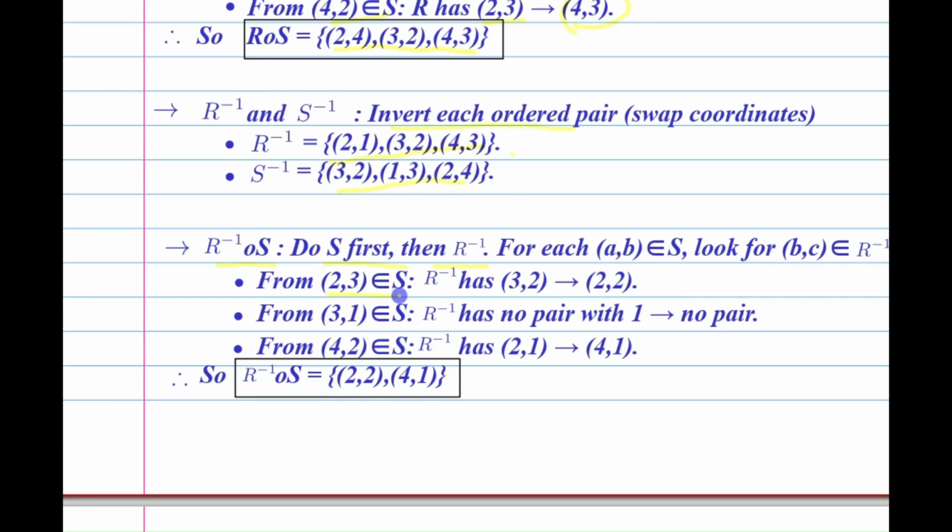For (2,3) in S, R inverse has (3,2), which gives us (2,2). For (3,1) in S, R inverse has no pair starting with 1. So for (4,2) in S, R inverse has (2,1), which gives us (4,1). So R inverse composition S is {(2,2), (4,1)}.